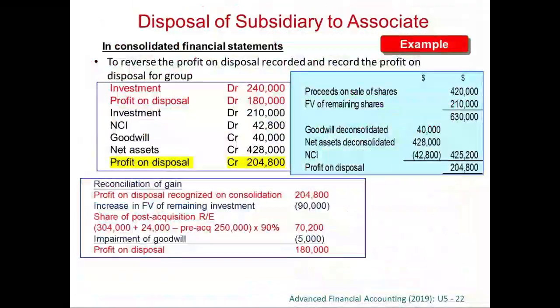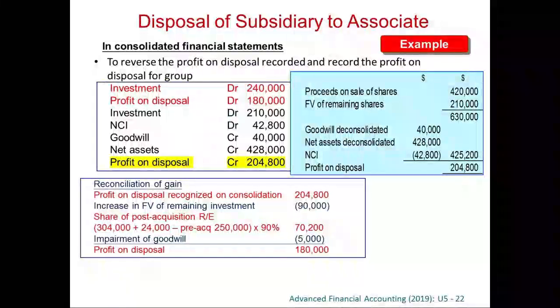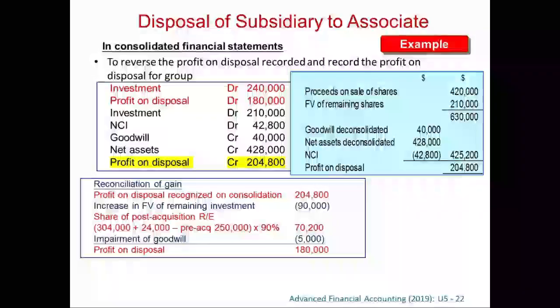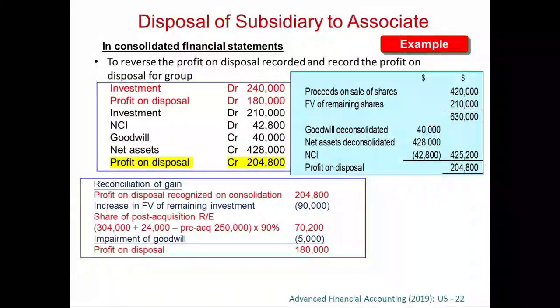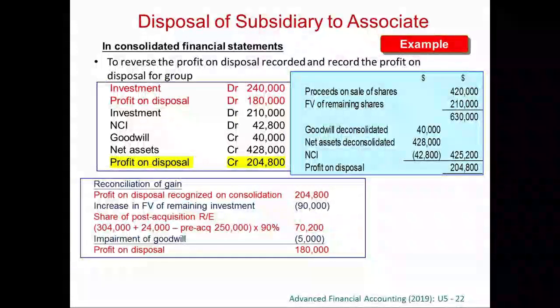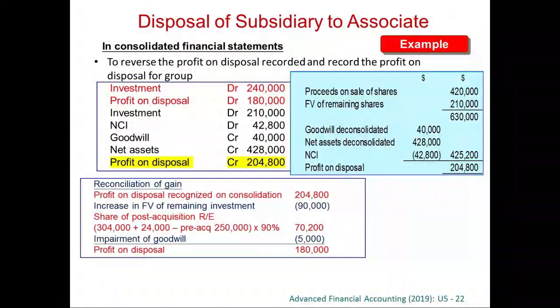So you share all this post-acquisition profit from the day of acquisition up till now. Now it is 328,000. This is a 90% subsidiary, so you have shared 90%. This is the profit that you have shared. Right? So basically, under consolidation, you accelerated the recognition of the profit by 70,200.